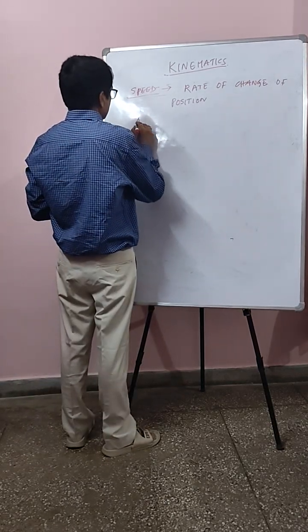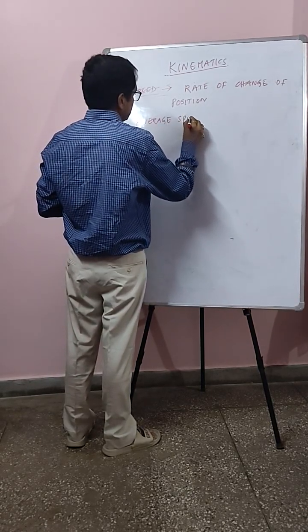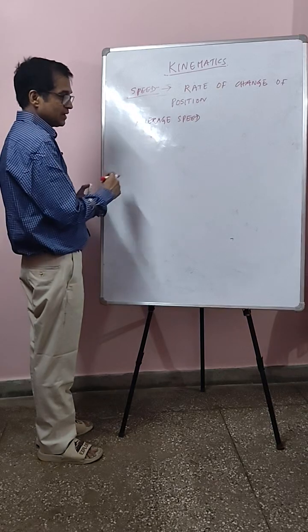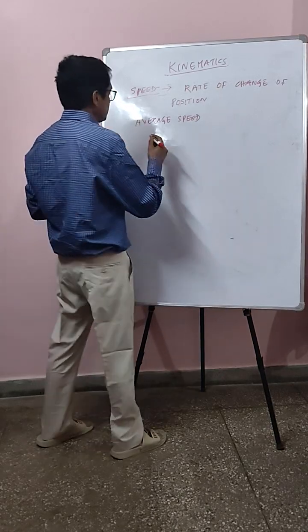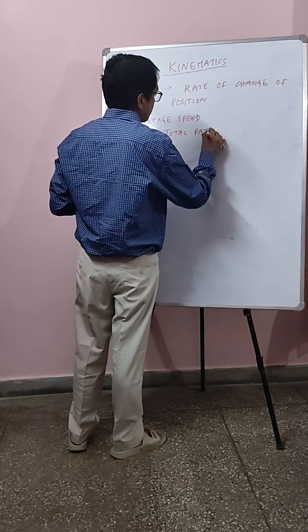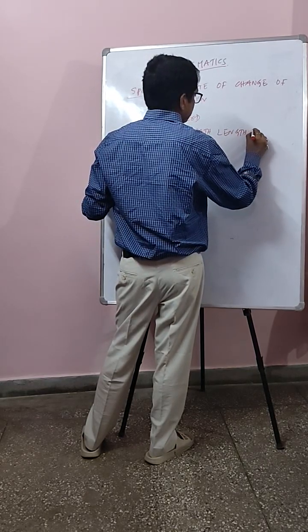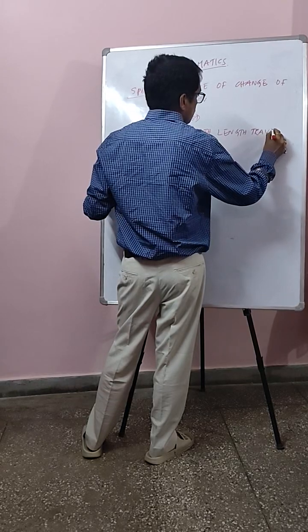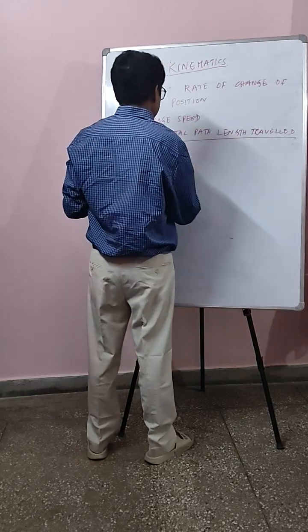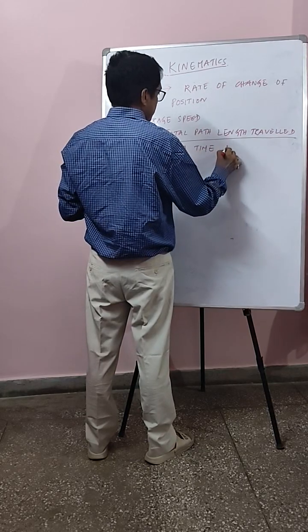Average speed equals total path length traveled. We just saw what distance is, so it is total path length traveled divided by total time.